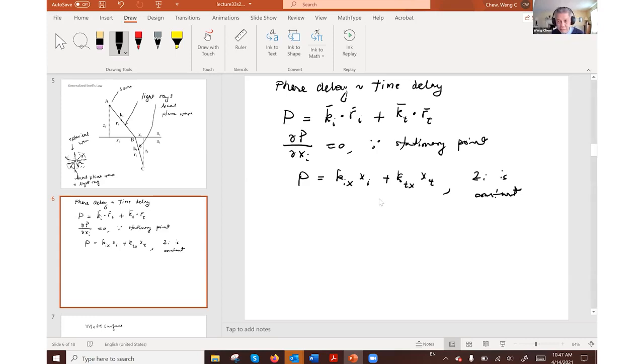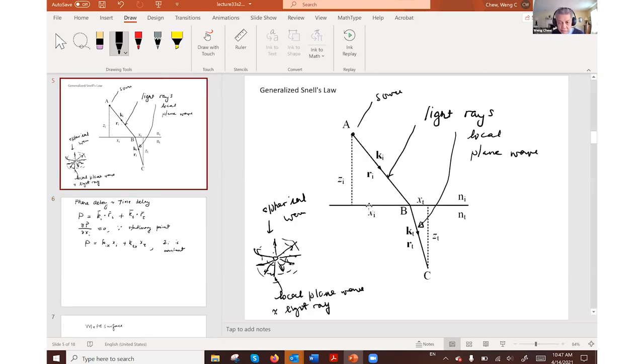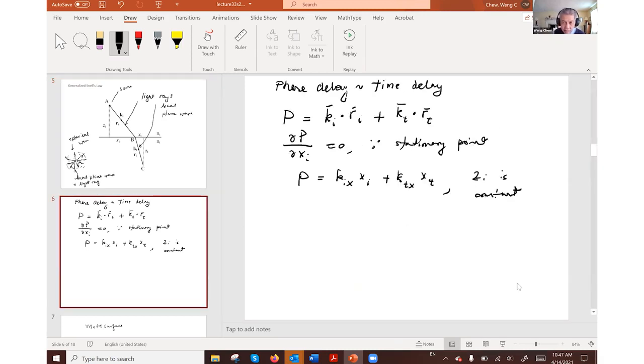So if you look at this formula from this picture, if I were to change Xi a little bit, ZI remains constant. So I need to change the variation of P with respect to Xi only, since ZI does not change. Finally, when I differentiate this, Xt plus Xi is a constant in this picture.